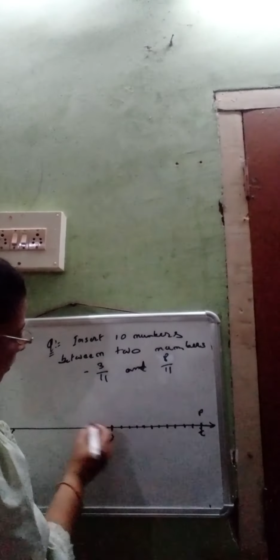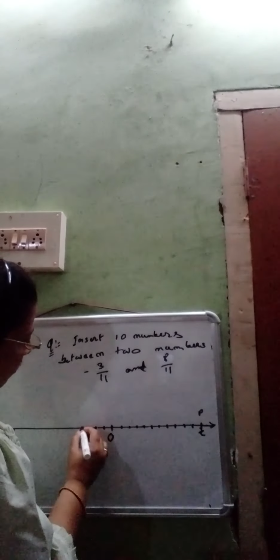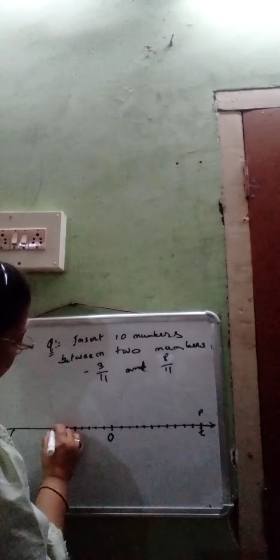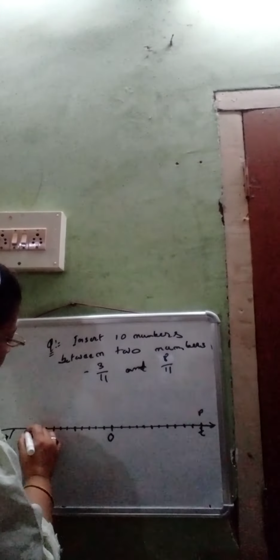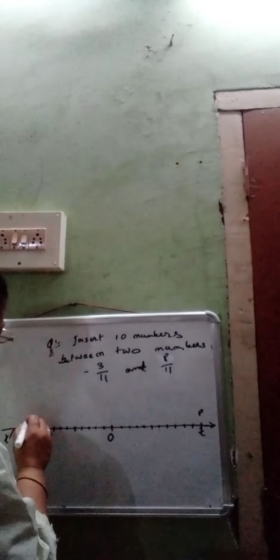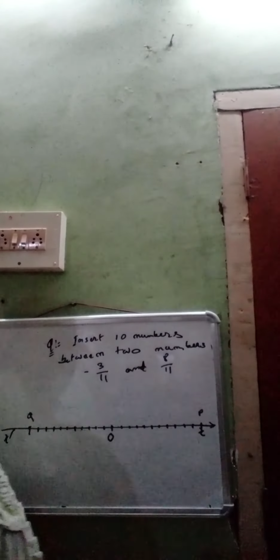Here I give a point E. Similarly the negative side also has 1 to 11 points, and here I give the point Q, the negative side.